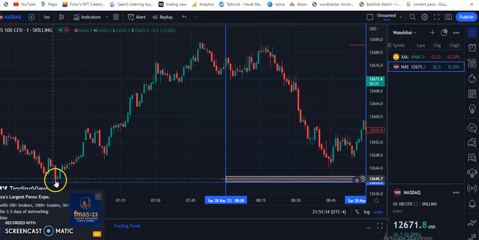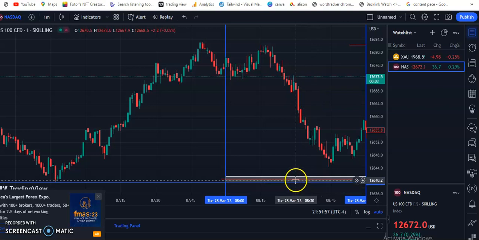Now, the last candle, well, this was a nice morning star setup pattern, but this was the last candle that had not been triggered. So this is my area. As you can see, this is the line.